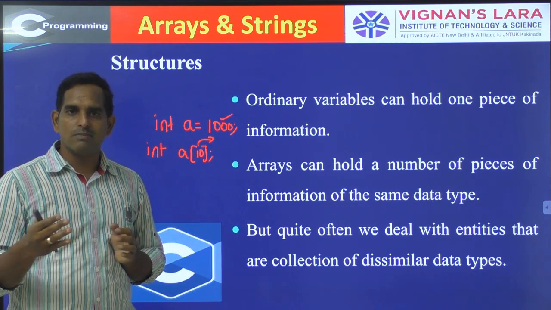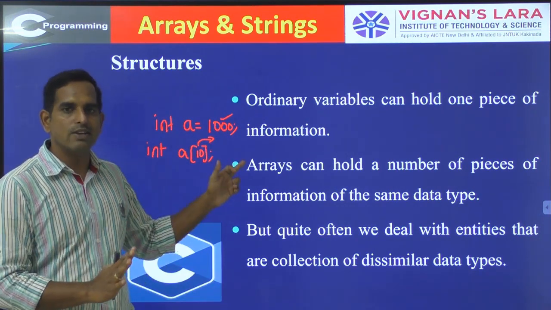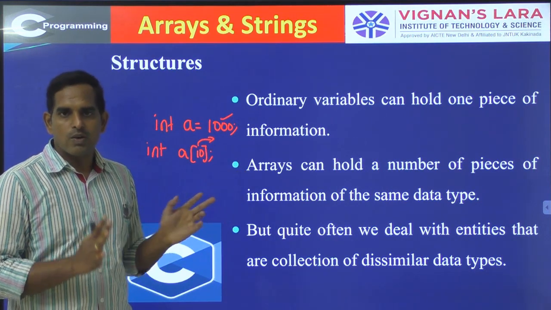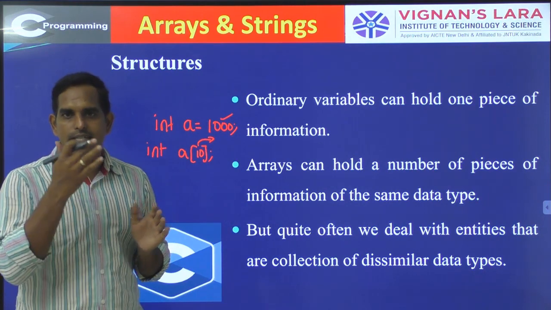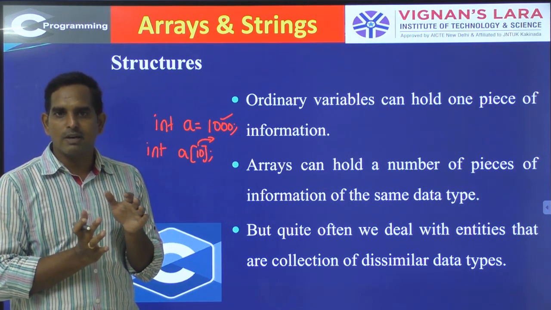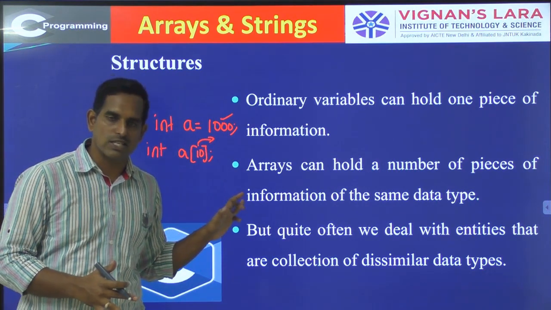Whenever you have a large number of values of the same data type, you will apply arrays. Whenever you have a large number of values but the entity has more than one data type, involving dissimilar data types, you will go for structures.